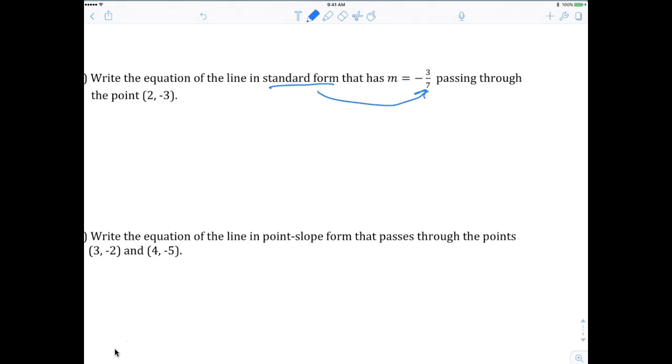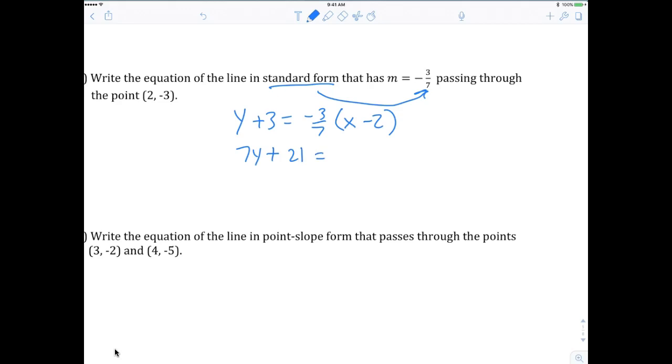Go. So y plus 3 equals -3/7 times x minus 2. Awesome. Easy as that. Multiply by 7. Multiply the left side by 7. That becomes what? 7y plus 21.